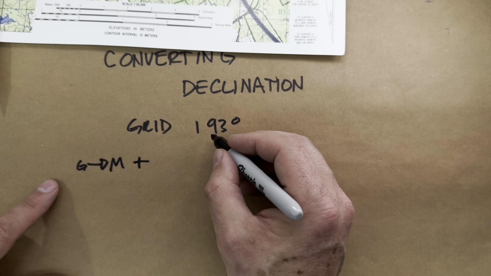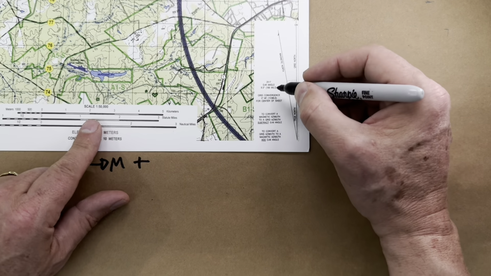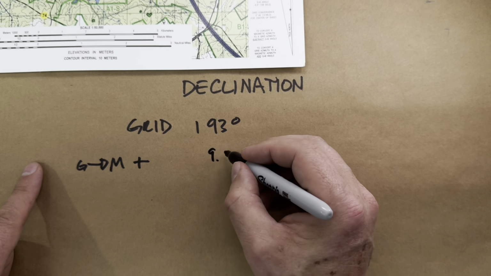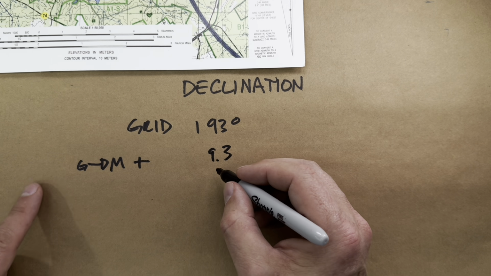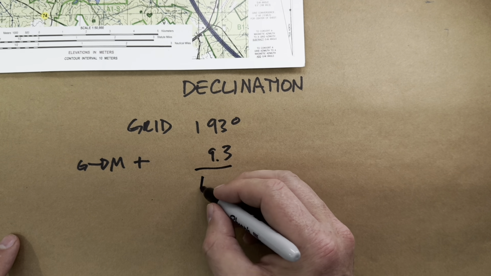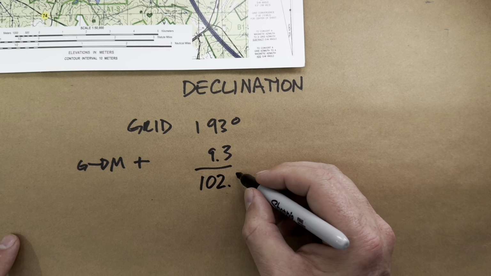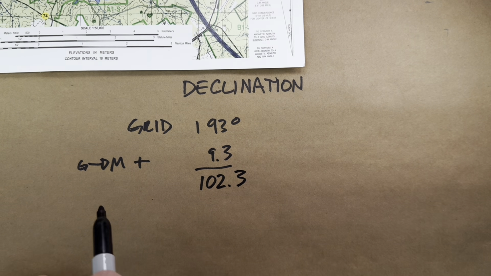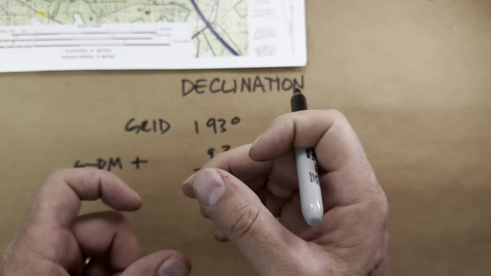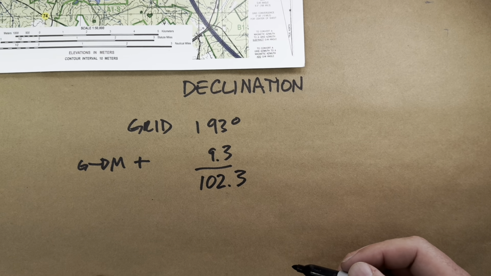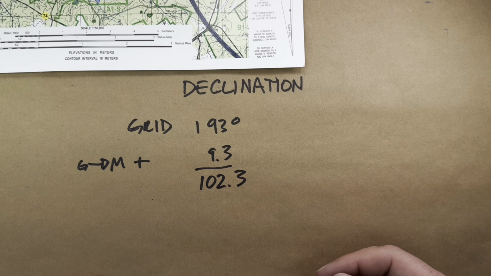So my grid is 193, and my declination was 9.3 degrees. So 193 plus 9.3 is 202.3. So now when I program my compass, I program 202 degrees, and that would give me that declination.